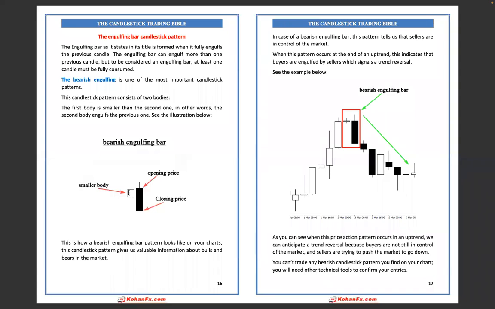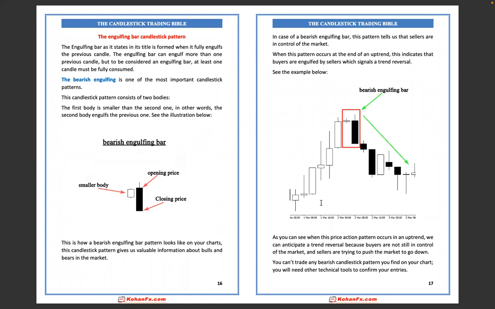Let's go and look at the significance. In the case of a bearish engulfing bar, this pattern tells us that sellers are in control of the market. When this pattern occurs at the end of an uptrend, it indicates that the buyers are engulfed by sellers, which signals a trend reversal.